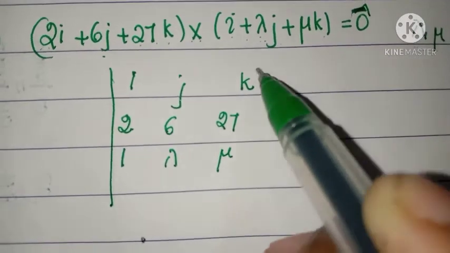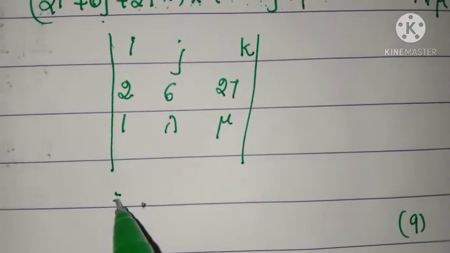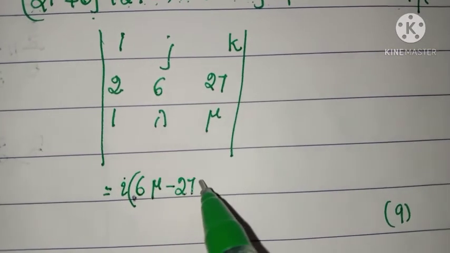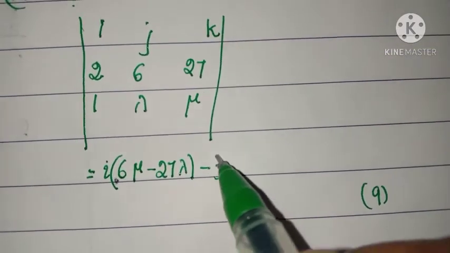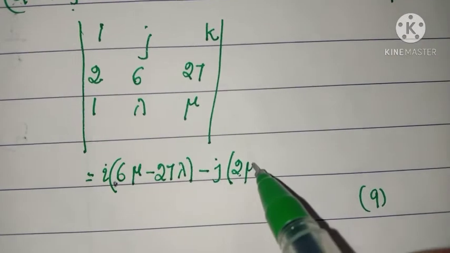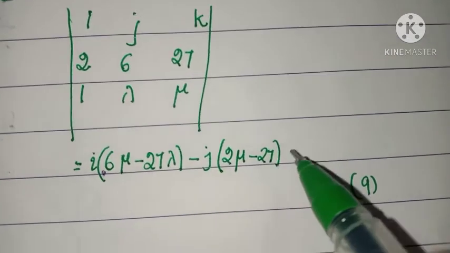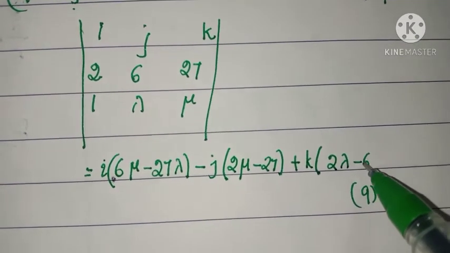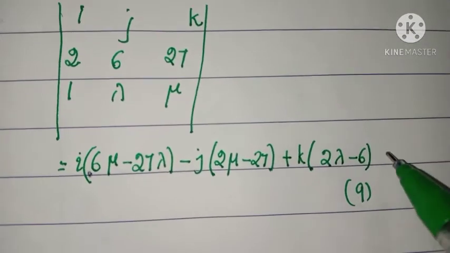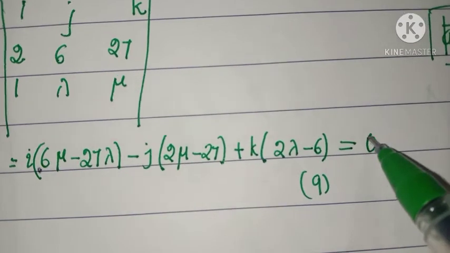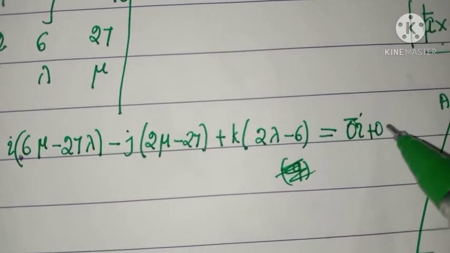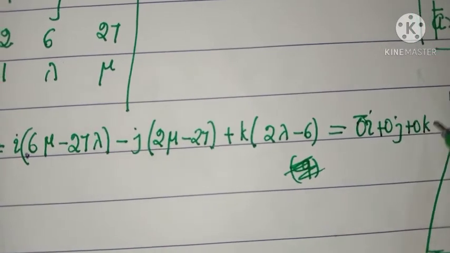Now consider their determinant. So this is i into 6 mu minus 27 lambda, minus j into 2 mu minus 27, plus k into 2 lambda minus 6. This cross product is equal to 0, vector 0, which means it is 0i plus 0j plus 0k.